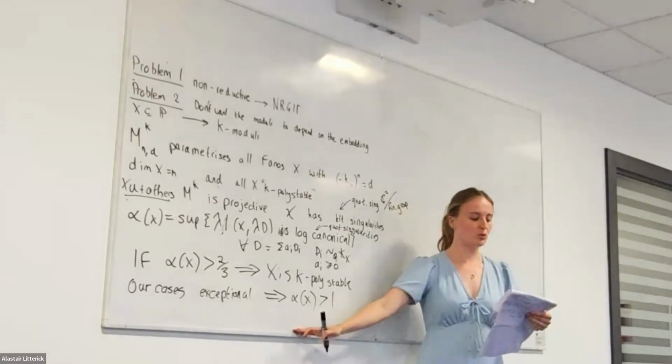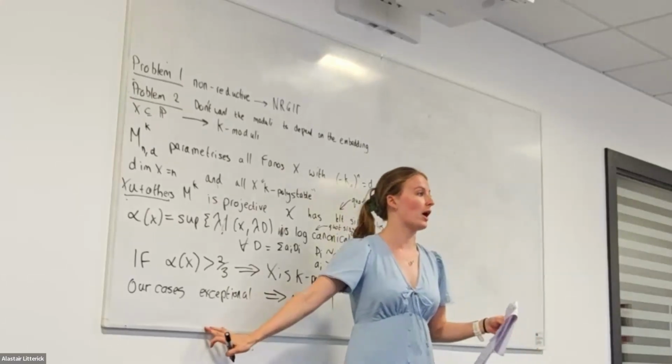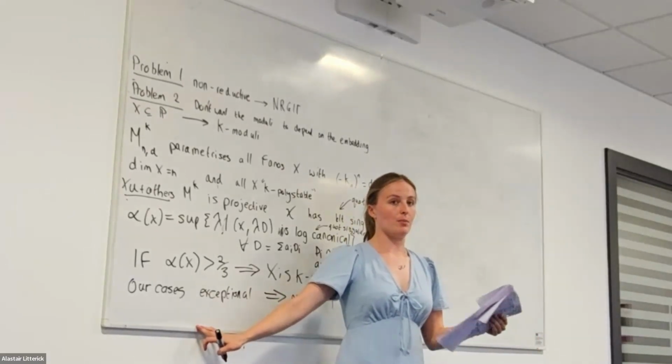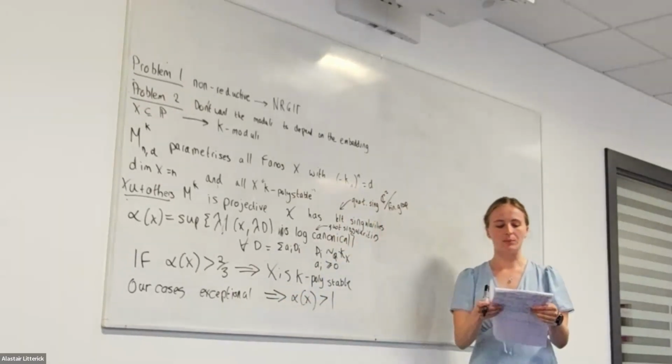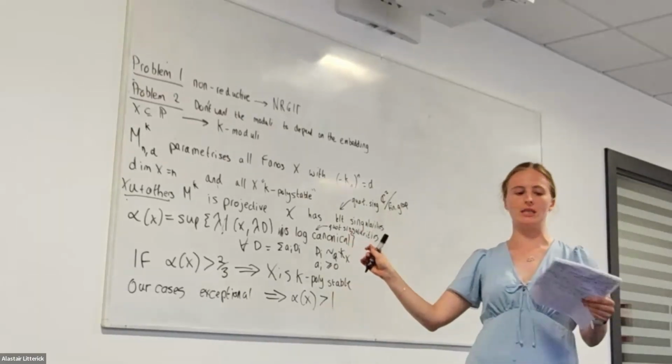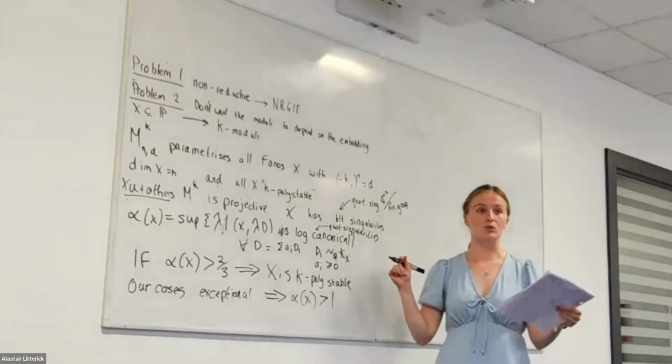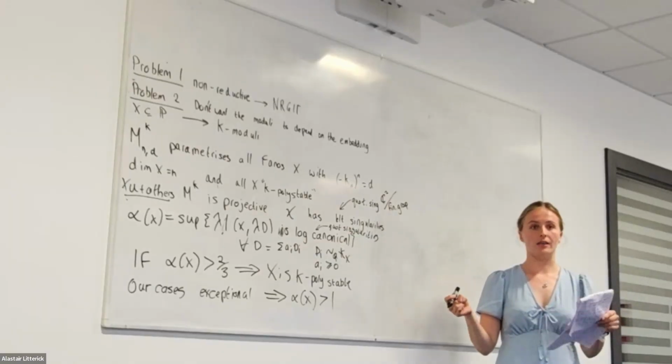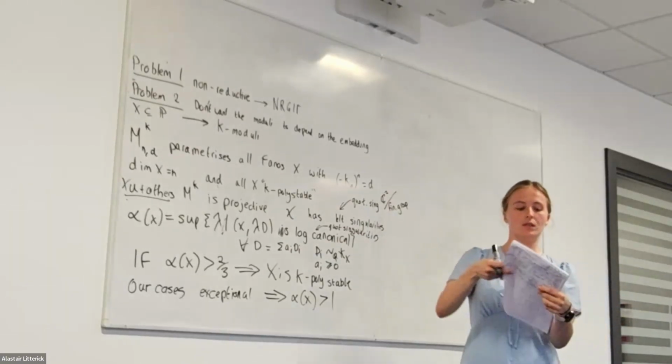Why do we look at the exceptional? There are finitely many exceptional families, and if we assume that our general element is quasi-smooth, then these are already classified by Cheltsov.